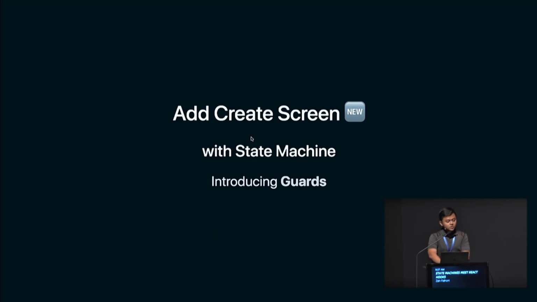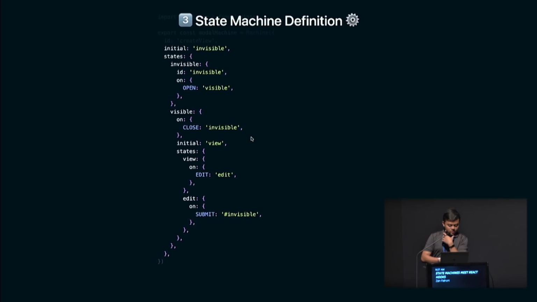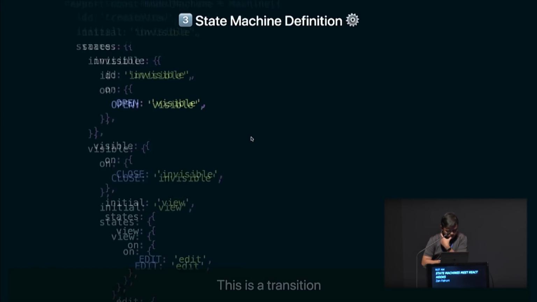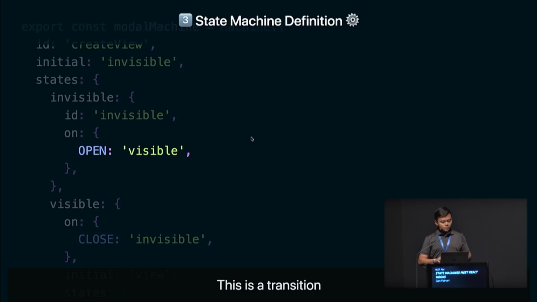So let's try implementing this with state machines. And here is where it feels more useful now. So in this case, we're triggering the same event, which is opening the modal. So we need to transition the state from invisible to visible.